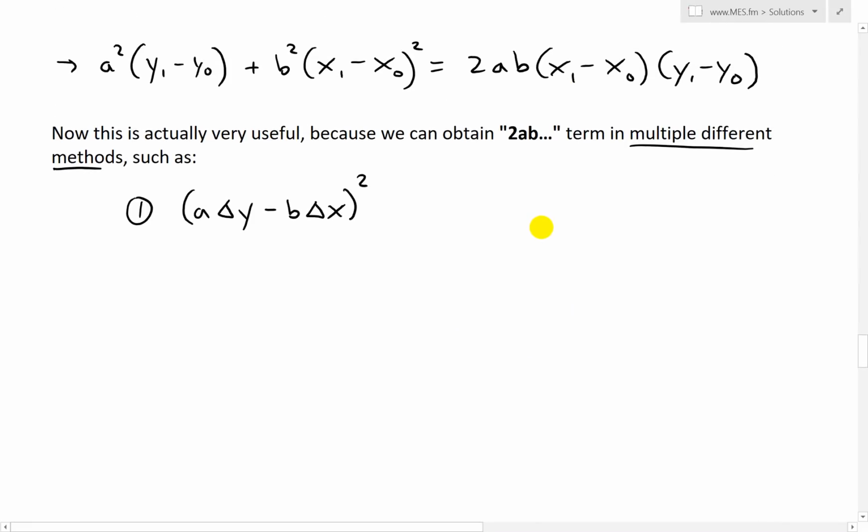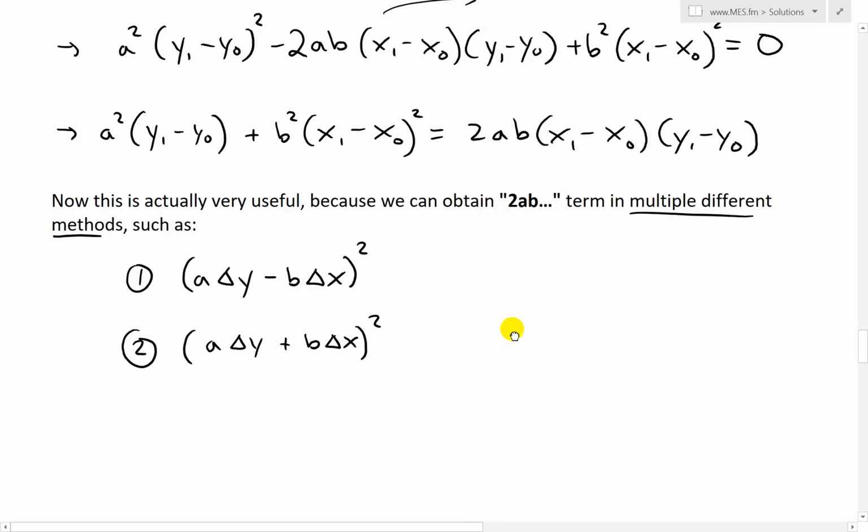So that's one method. Another one is, instead of subtracting, we can have a delta y plus b delta x, squared. If this times this, we have an ab delta x delta y term, and then this by this, again we'll have 2 of those. So that's another method we can have. And in fact, we can see what happens.